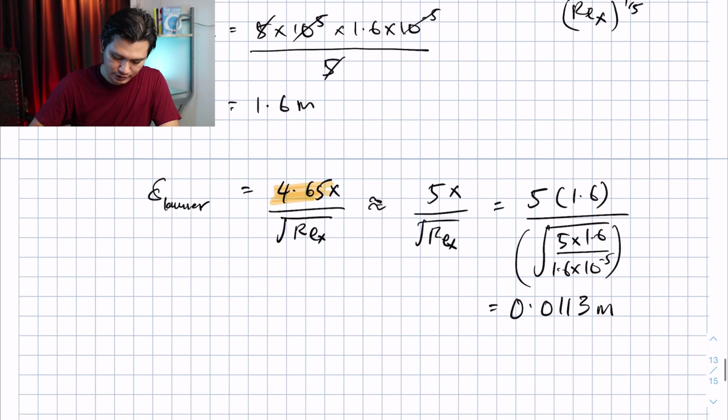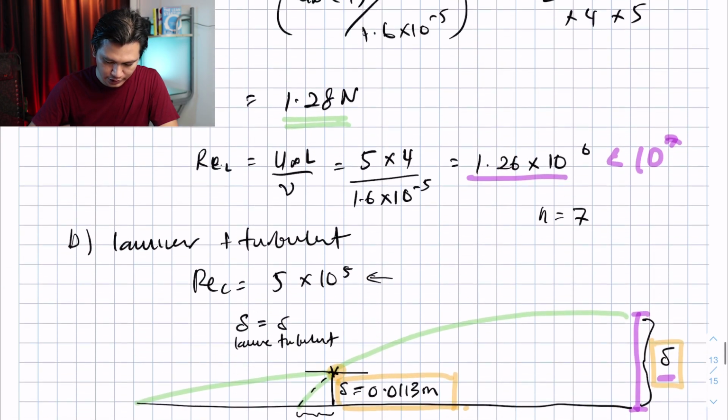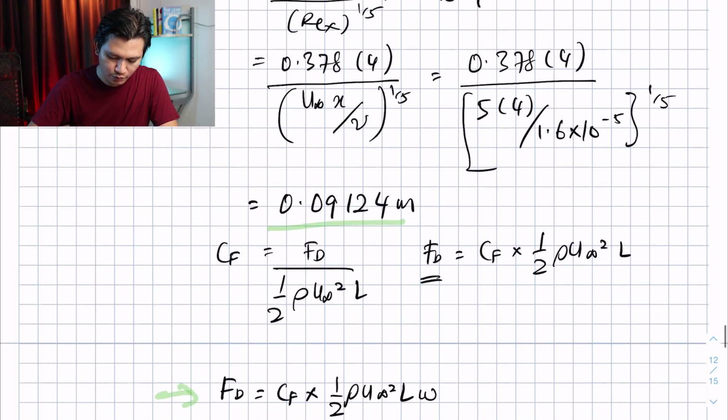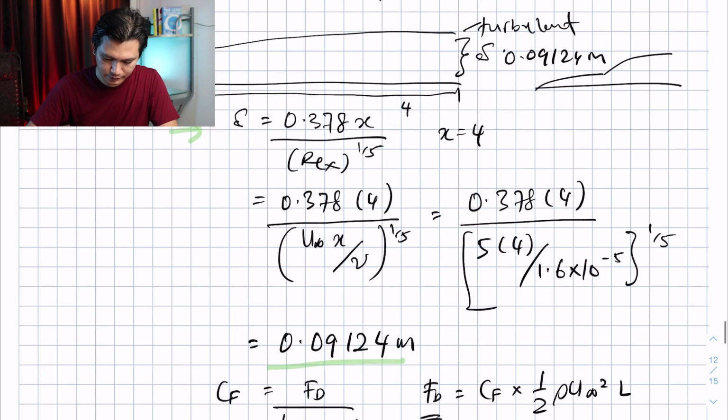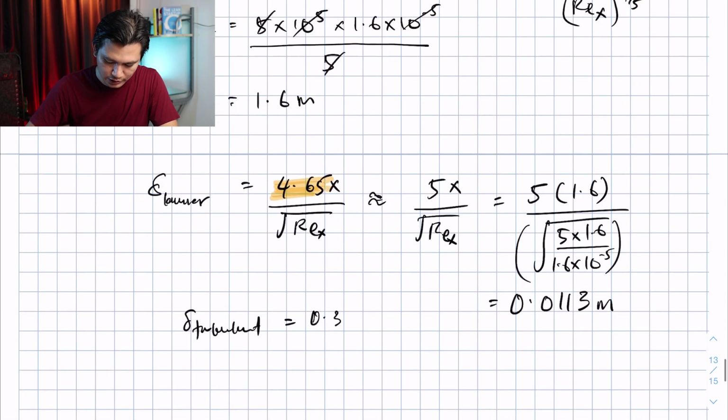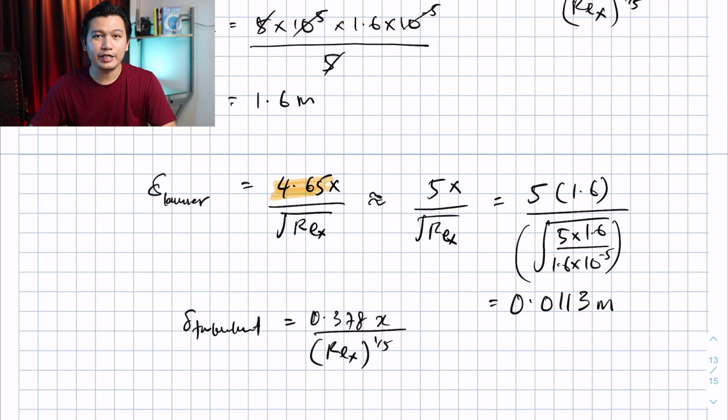For turbulent, del turbulent, we've done this before, I think it's 0.378x divided by Re_x to the power of 1 over 5. But now we already have del.